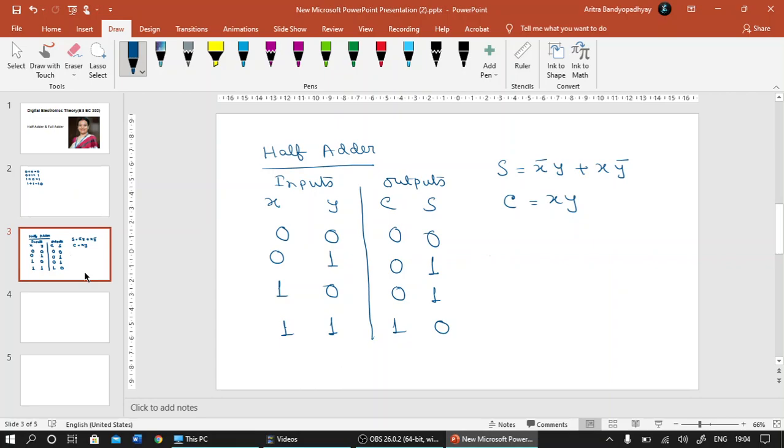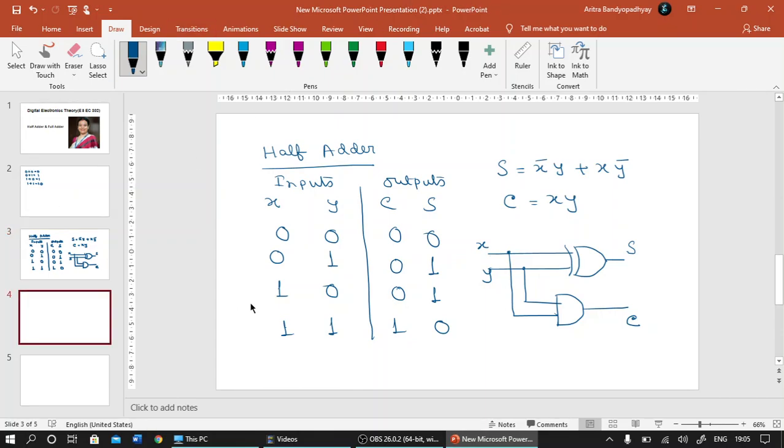If x and y are the two inputs, the half adder can be implemented with an exclusive OR gate for sum and an AND gate for carry. So this is the half adder circuit.